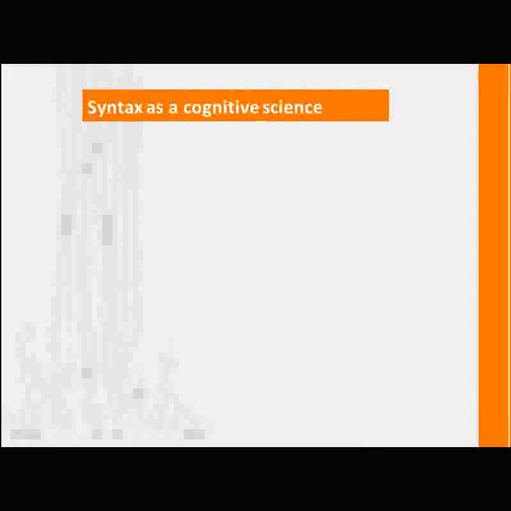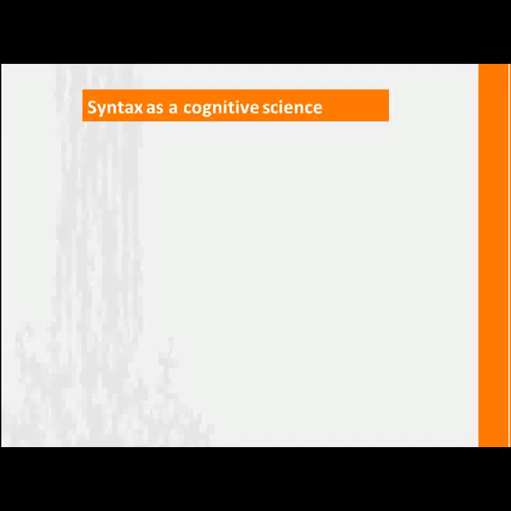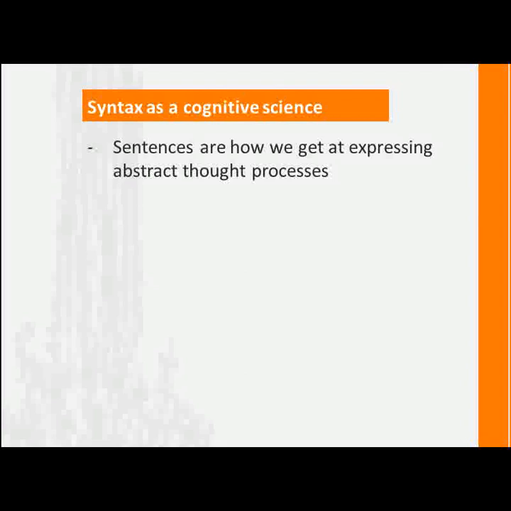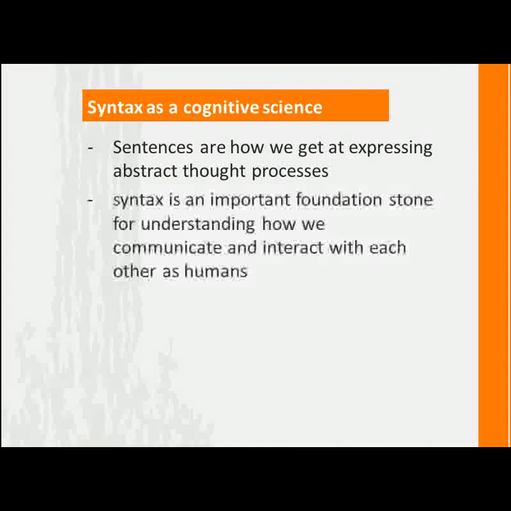Okay, now syntax is a cognitive science, so we have to think about it. Why? Because sentences are about how we express abstract thought processes. So what we have in our mind, then we have to express it into sentences. Jadi apa yang ada dalam pikiran kita harus bisa kita ekspresikan dalam kalimat, sehingga kita membutuhkan proses untuk itu.